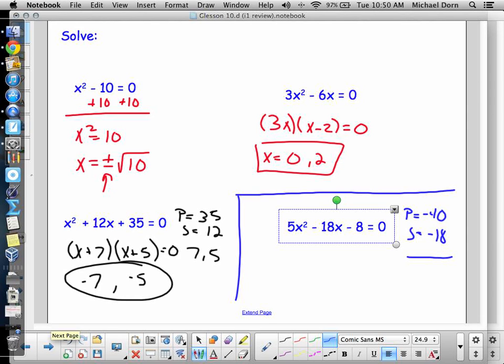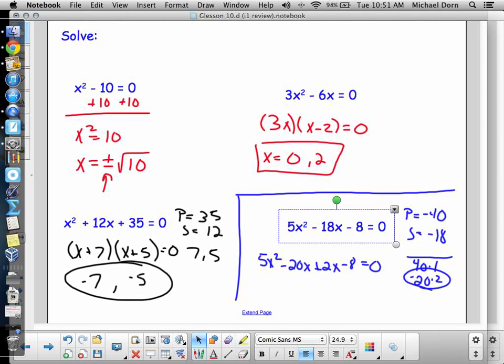Well, it's not 40 and 1. How about 20 and 2? If the 20 is negative, aha, there are my magic numbers, negative 20 and 2. So I'm going to rewrite this: 5x squared minus 20x plus 2x, because that gives me negative 18x, minus 8 equals 0. Equals 0 just kind of along for the ride right now.